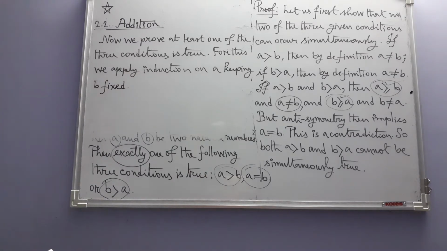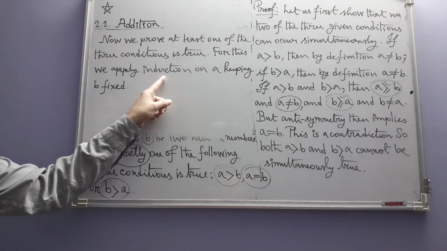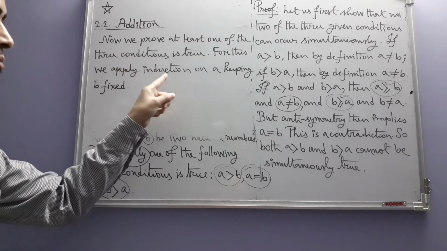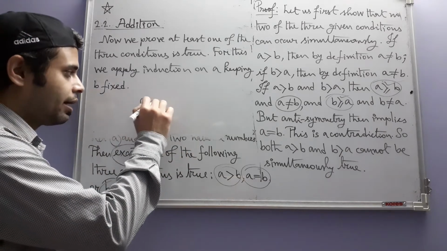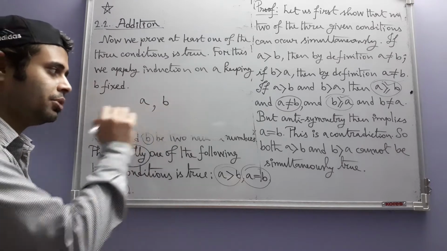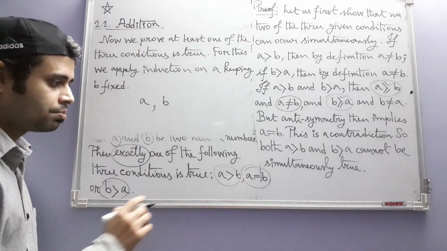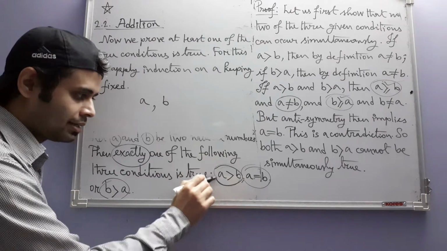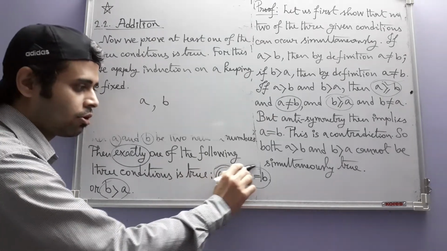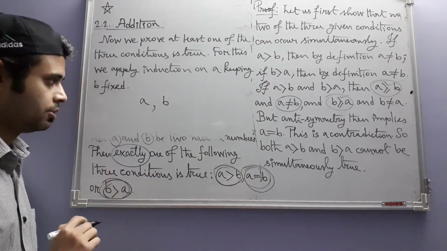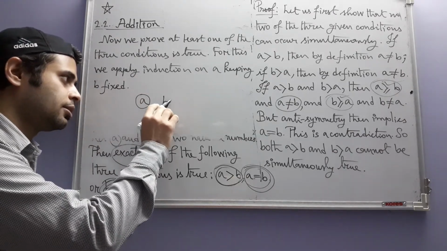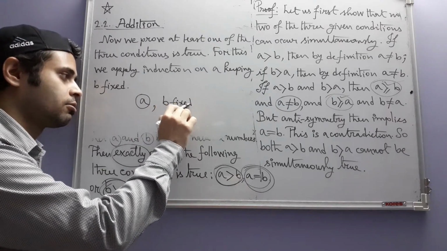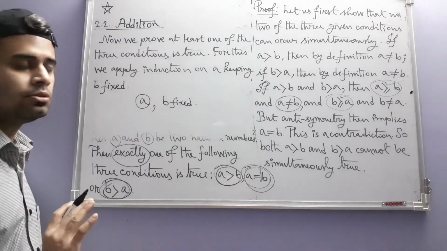So let us just once more try to understand what we are going to prove here using induction. If A and B are given to me, then I have to prove that I have either this to be true, or this to be true, or this to be true. And that statement I am going to prove by applying induction on A, keeping B fixed. Okay, this is what I am going to do.